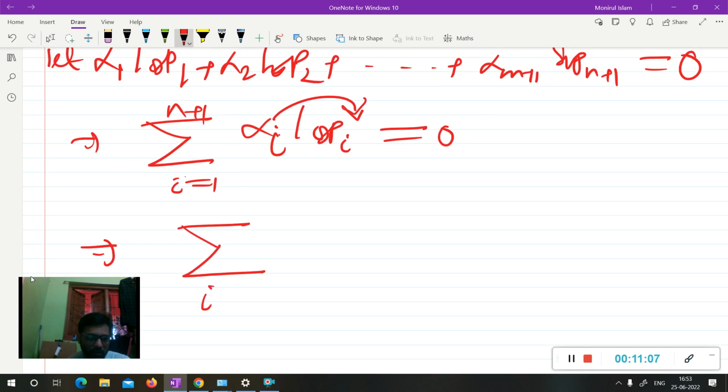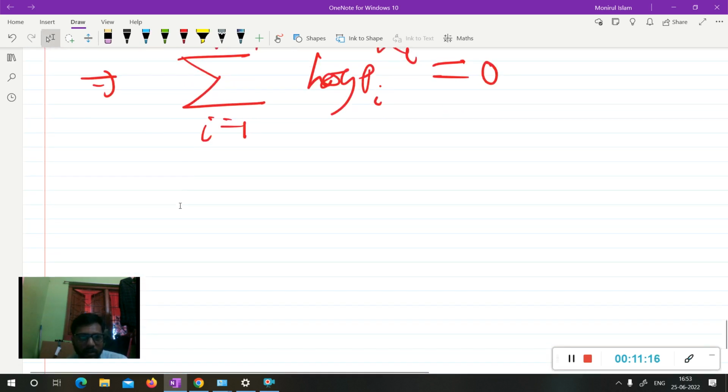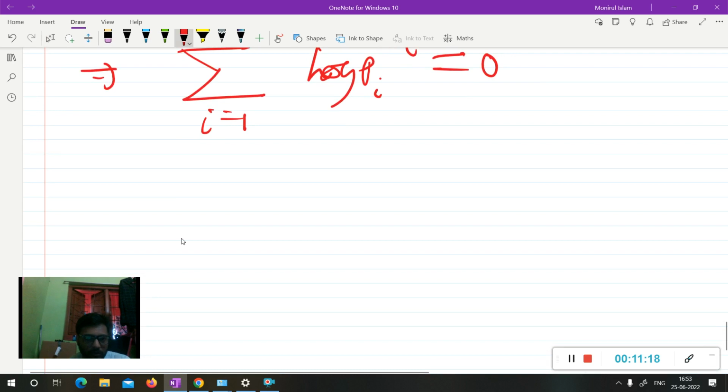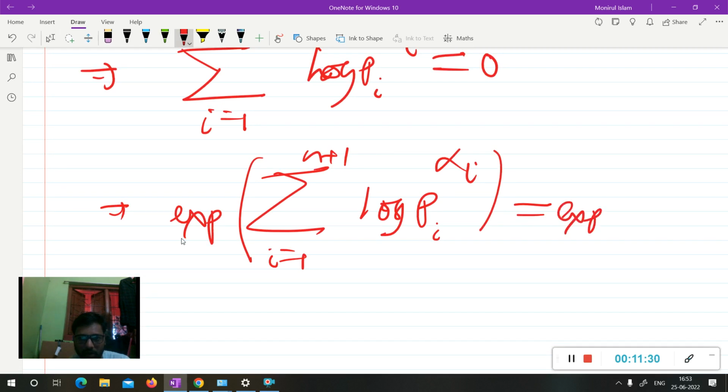Now take the exponential on both sides. The exponential of the summation equals the exponential of 0, and we all know the exponential of 0 is 1. So this gives 1.